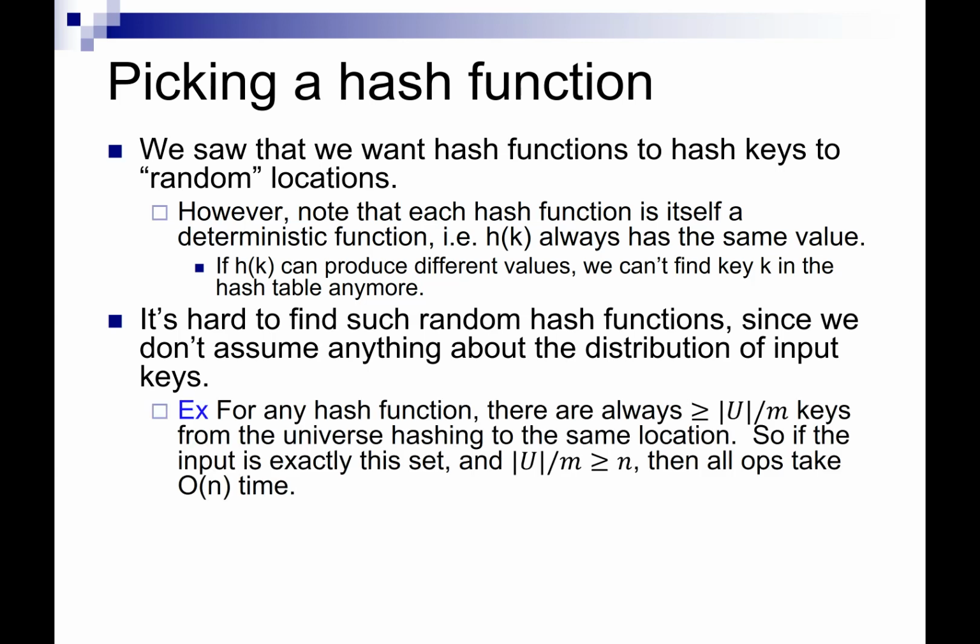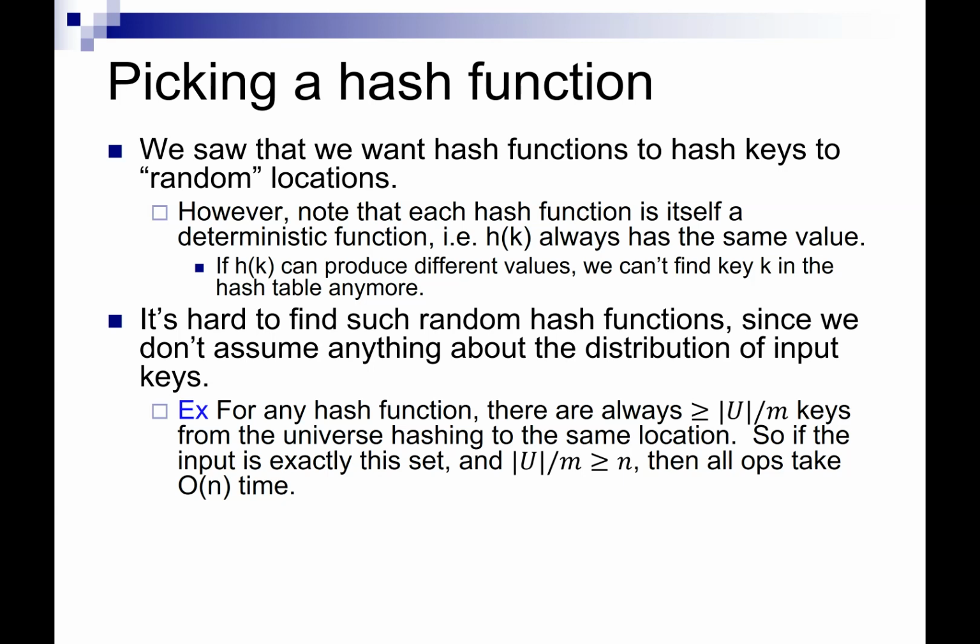In fact, you can pick any hash function from u to m. There are always going to be at least u divided by m keys from the universe that hash to the same location. This is like the pigeonhole principle.